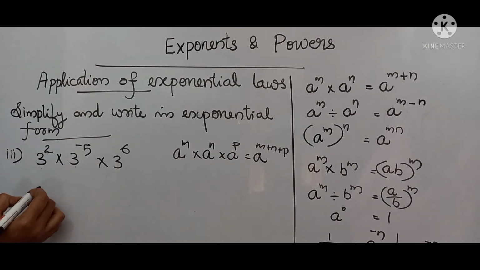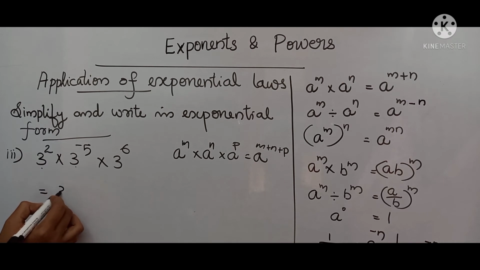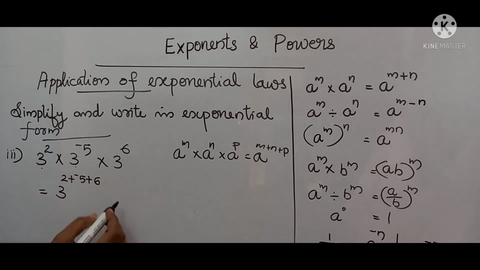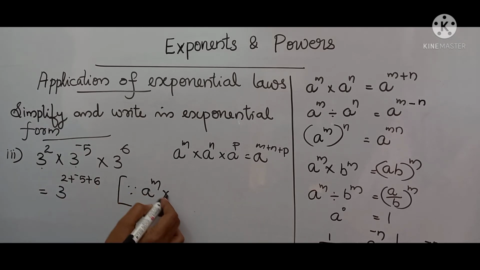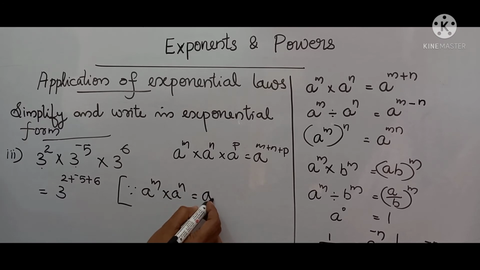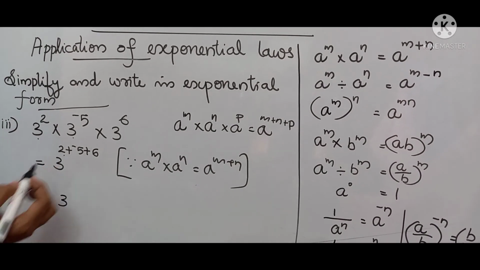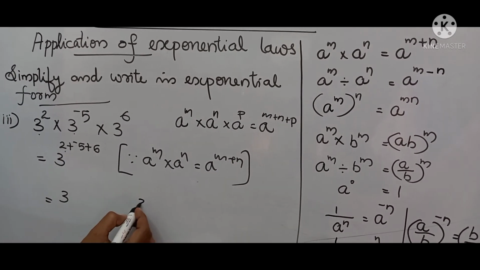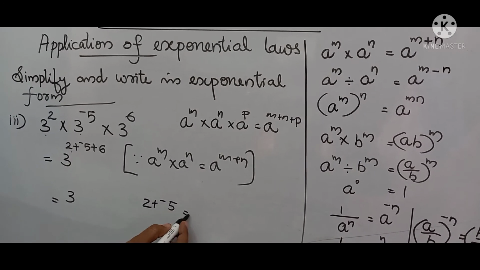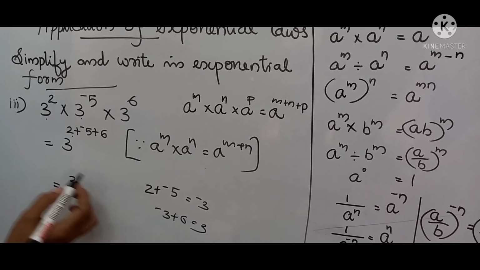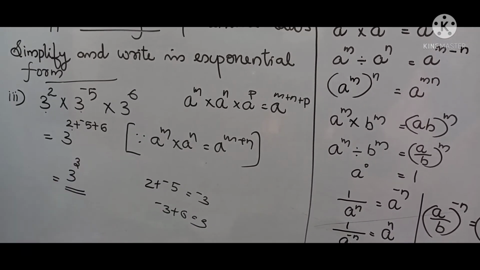So this is equal to 3 raised to 2 plus minus 5 plus 6. Because of this law only we write like this. 2 plus minus 5 is equal to minus 3. Then minus 3 plus 6 is equal to 3. 3 raised to 3 is the answer.